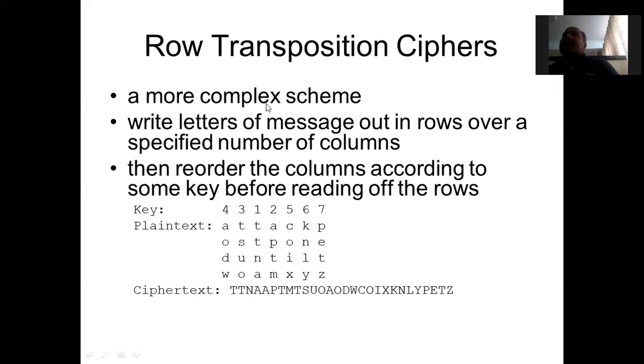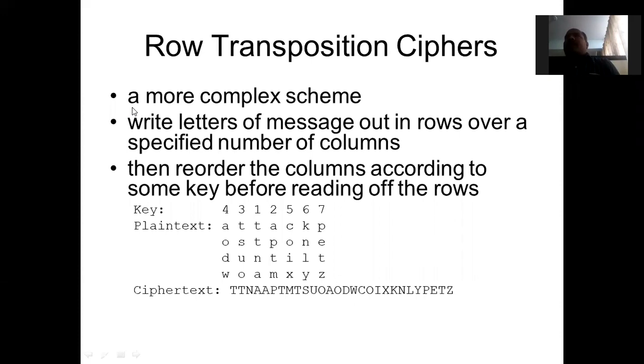Now the row transposition cipher, also called the columnar transposition cipher. You can give the name as row transposition or columnar transposition cipher. It is a more complex scheme.